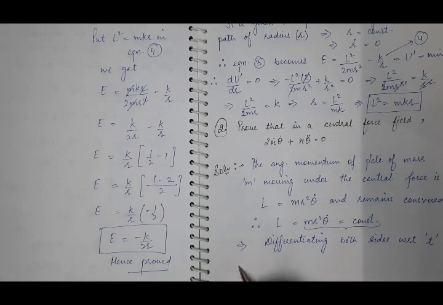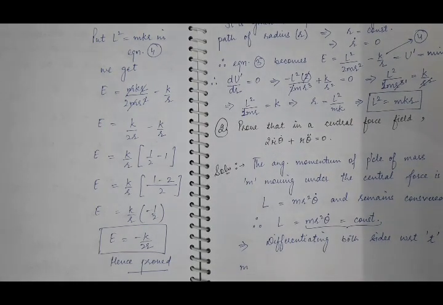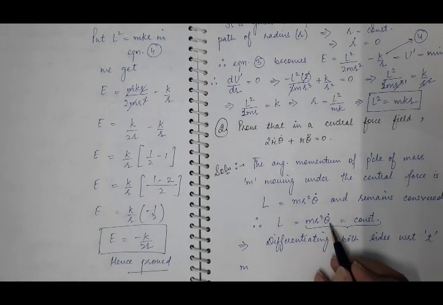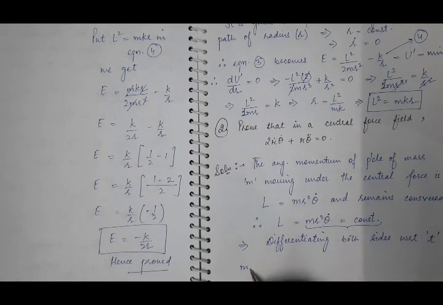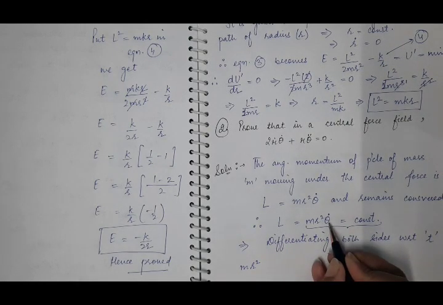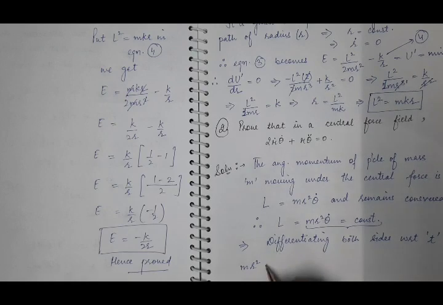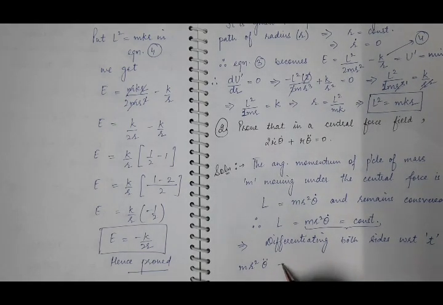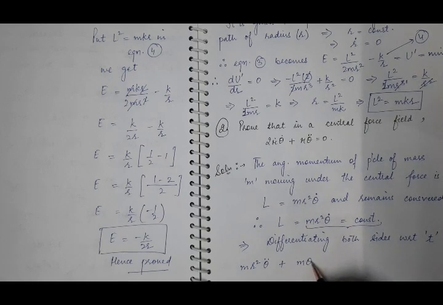So mass is constant, keep it as it is. First, out of r square and theta dot, suppose r square is constant, then differentiation of theta dot with respect to t will be theta double dot. Plus second time, suppose m and theta dot are constant. So what will be the differentiation of r square?